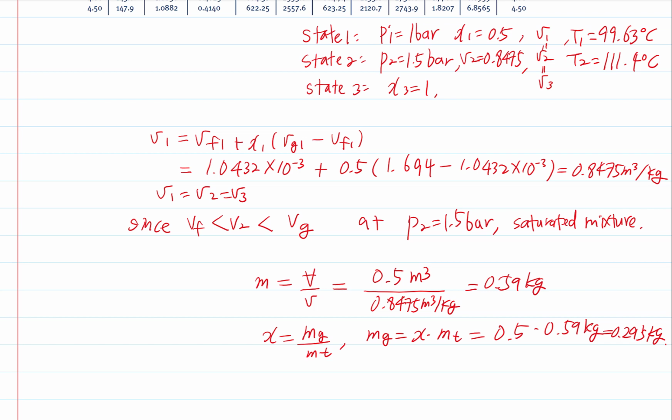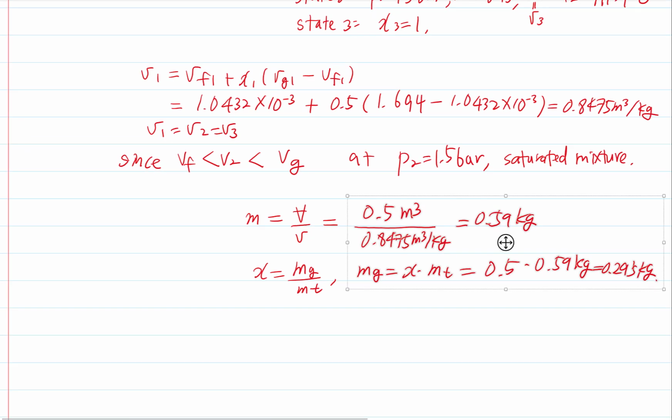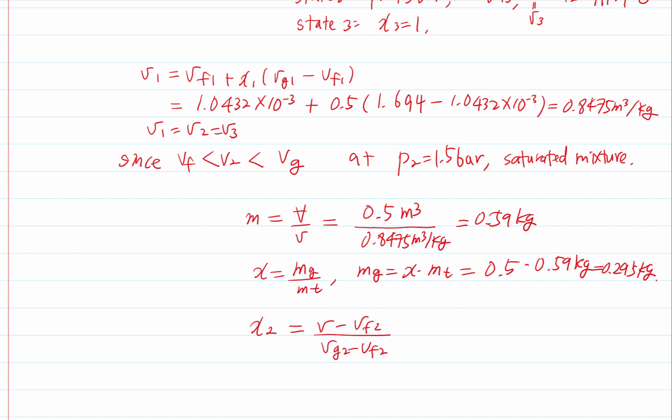At state 2, we don't know the quality yet, so we need to calculate the quality first. Quality at state 2. So at pressure 1.5 bar, we can determine Vf and Vg.